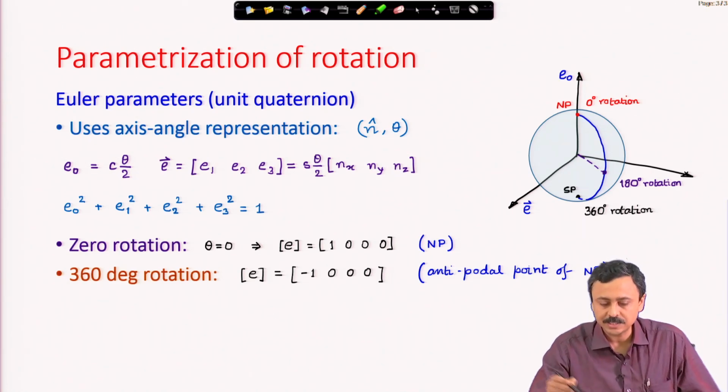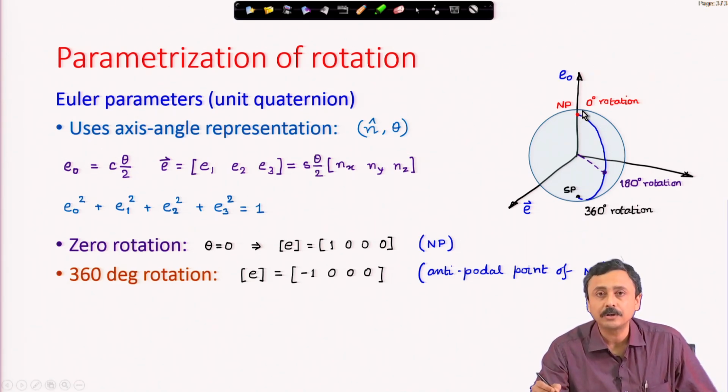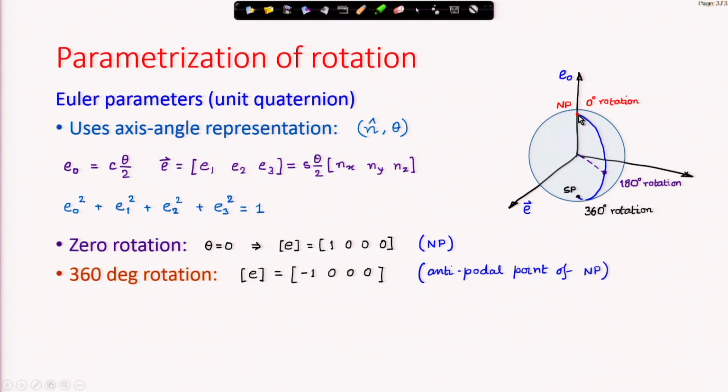So, this is the identity rotation matrix, or the base orientation, and the point is at the north pole. E0 is 1 and the other components are all 0, therefore, it is the north pole.